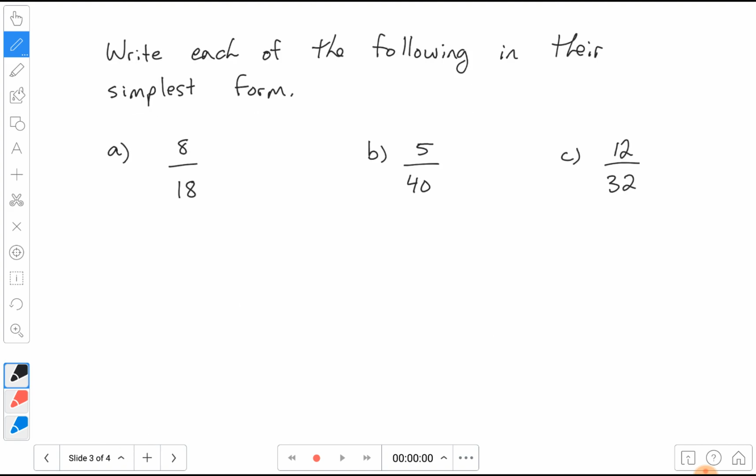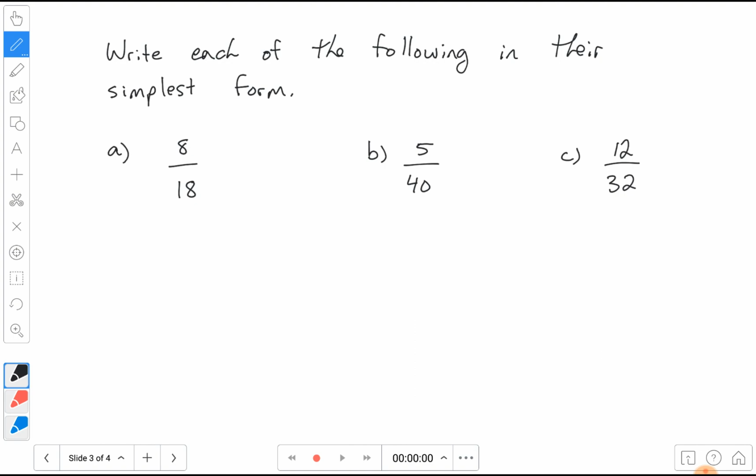Let's write each of the following in their simplest form. Now, 8/18 we'll start with. What we need to do is find what value we can divide 8 and 18 by. Actually, we're looking for the highest common factor, but we'll do it step by step here.